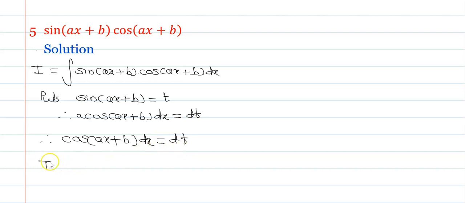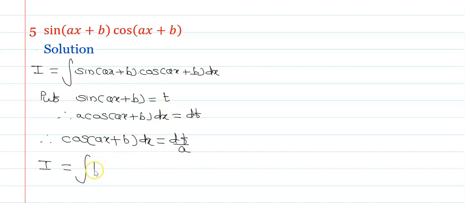Therefore, our integral will change like this. Cos of (ax plus b) into dx, its value is dt upon a here. And sine of (ax plus b) is directly t.